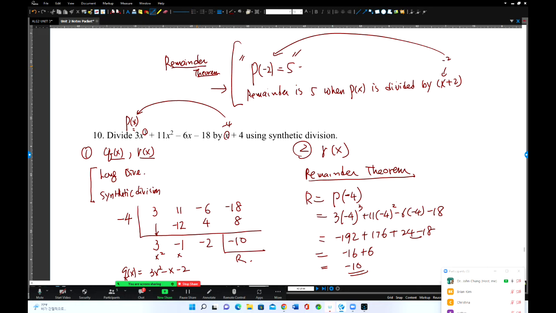And the next one is a very special case of the remainder theorem. What is that? The factor theorem. It's the same thing, but with a little different meaning.